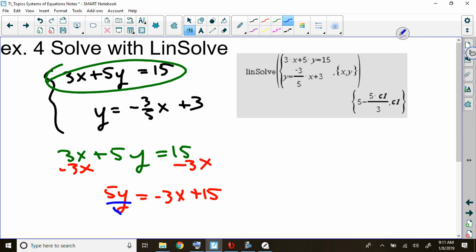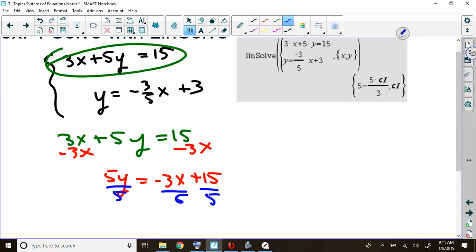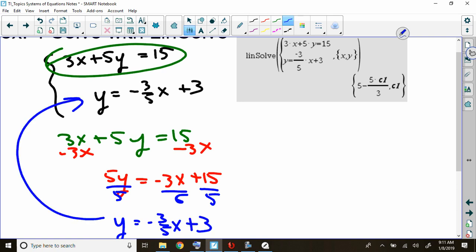And then if you divide by 5, what you would end up with is y is equal to negative 3/5 x plus 3, which is the same as that equation. They're the exact same line. So there are many solutions. Nice job.